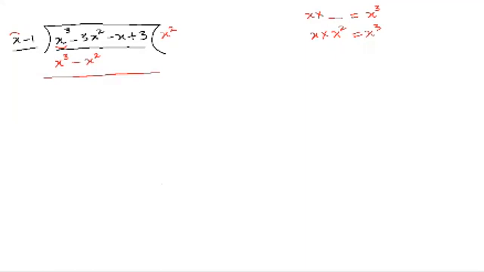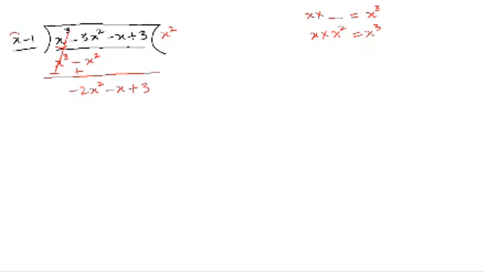So this plus becomes minus, this becomes plus. Now x cube minus x cube, it cancels out. And now minus 3x square plus x square becomes minus 2x square. Simply drop the terms above down. Minus x plus 3.